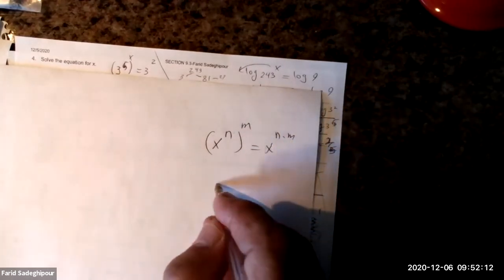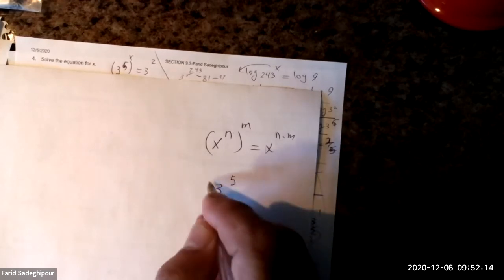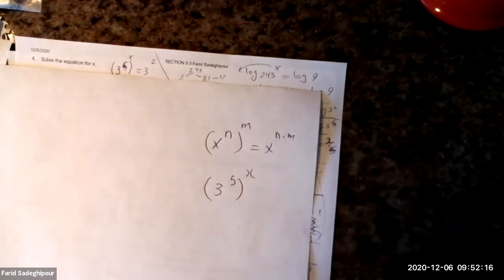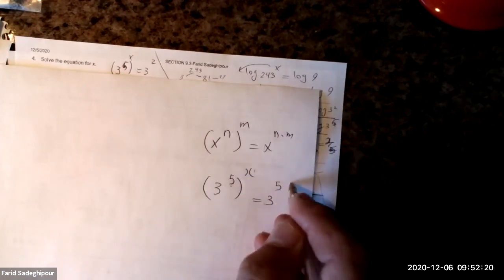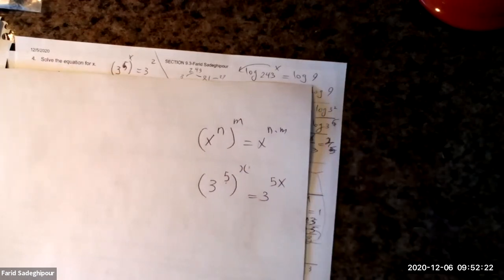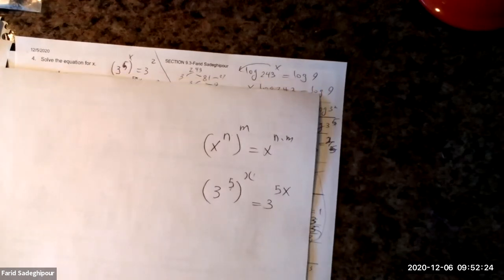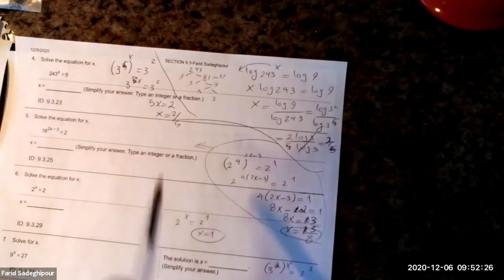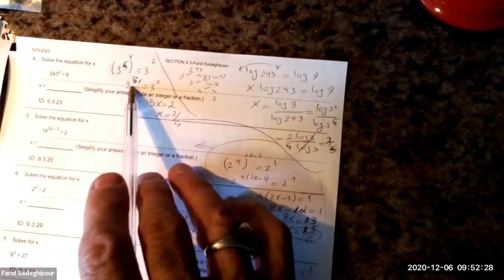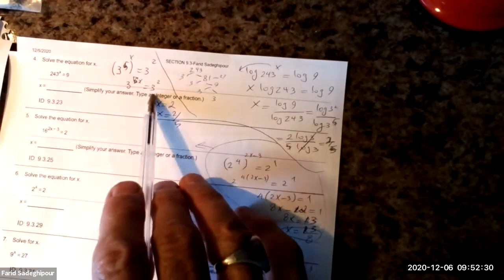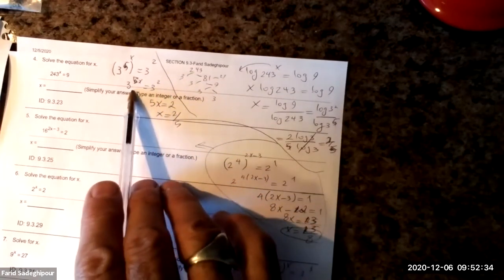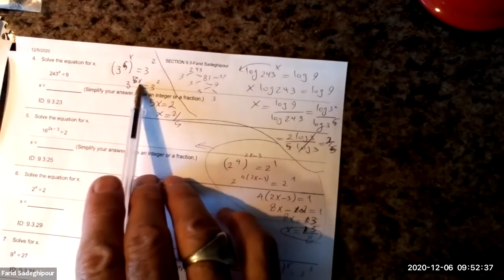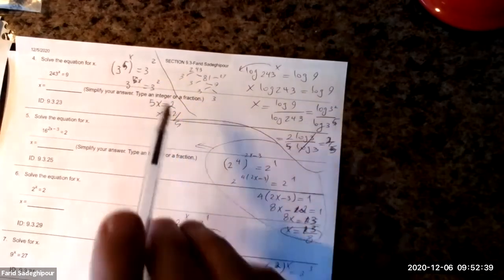So if I have 3 to the power of 5 to the power of x, it would be 3 to the power of 5x. That's the formula that we had at the beginning of the algebra. So we use that one here. That would be 3 to the power of 5x equal to 3 to the power of 2. Now, if both bases are equal, you set the exponents equal. So 5x equals 2, and x is 2/5.